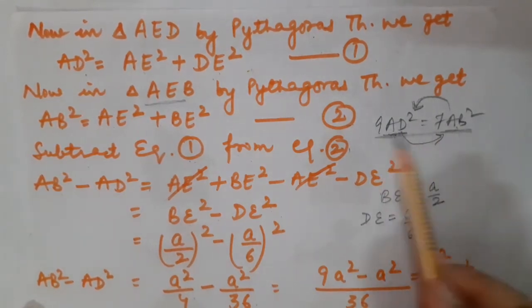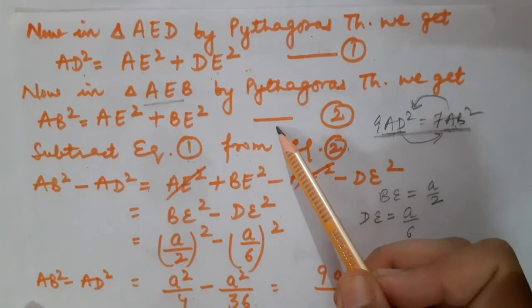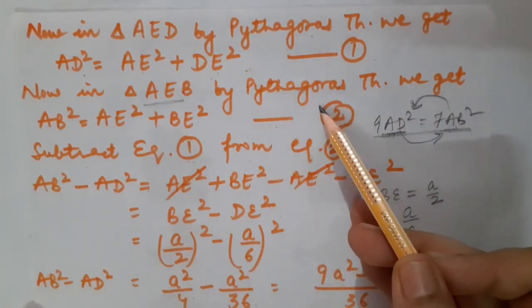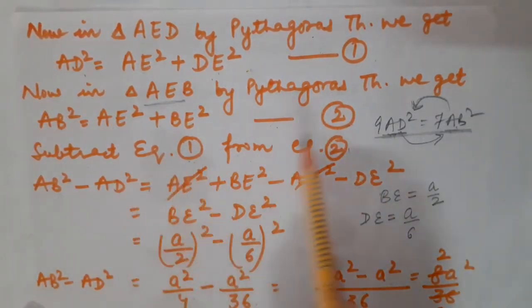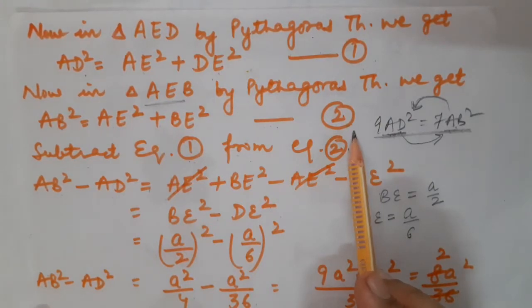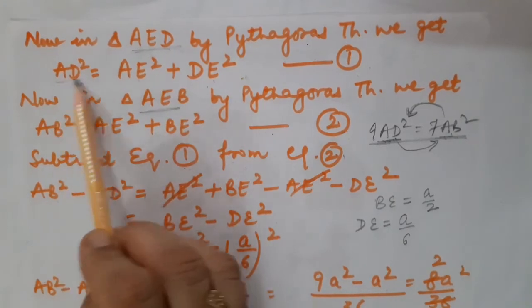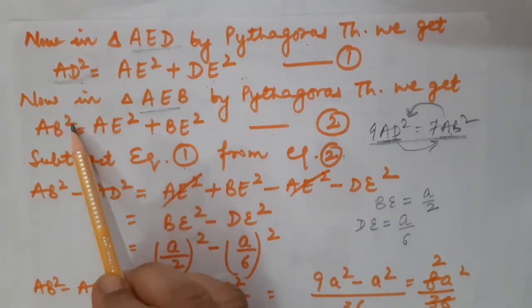Through this, to prove, I can judge whether I have to add the equations or subtract the equations. Fine. So now I am going to subtract equation number 1 from equation number 2, because ADE is a smaller triangle. So definitely the dimension of AD will be lesser than AB.